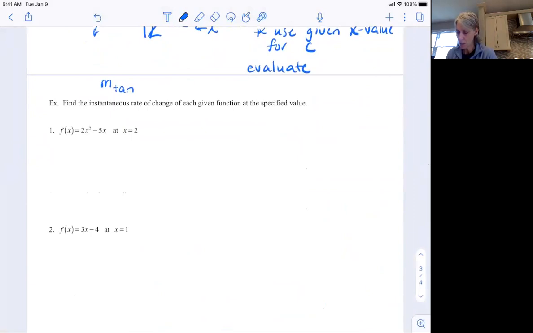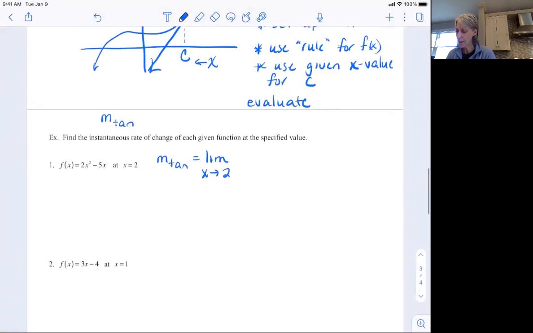f of x equals 2x squared minus 5x at x equals 2. So the slope of the tangent line is going to be the limit as x approaches 2. f of x is my given function, 2x squared minus 5x. Now I'm going to plug 2 into this function.